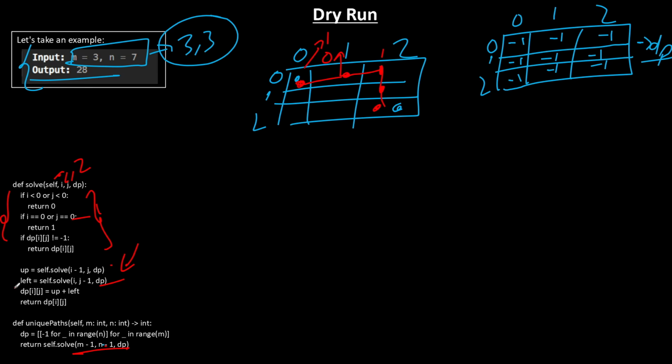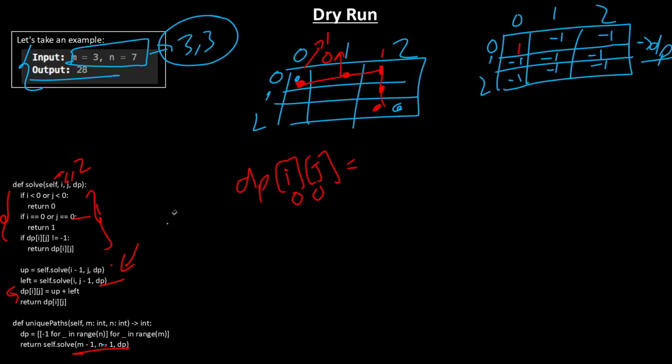Now we'll come in this part. Now dp of i comma j, or basically 0 comma 0, you will be having 1, right? So we'll replace this with 1. Great.